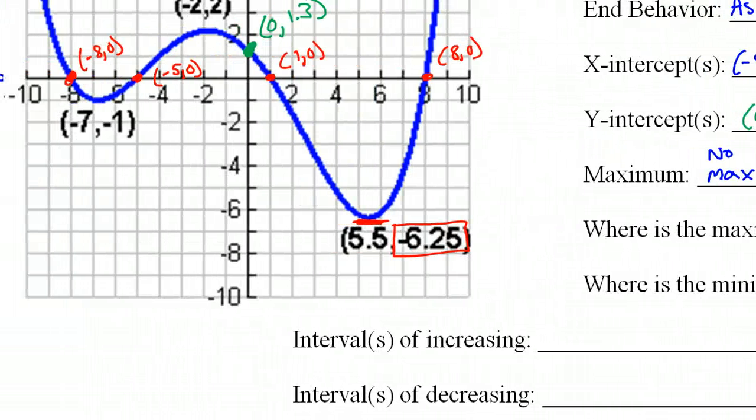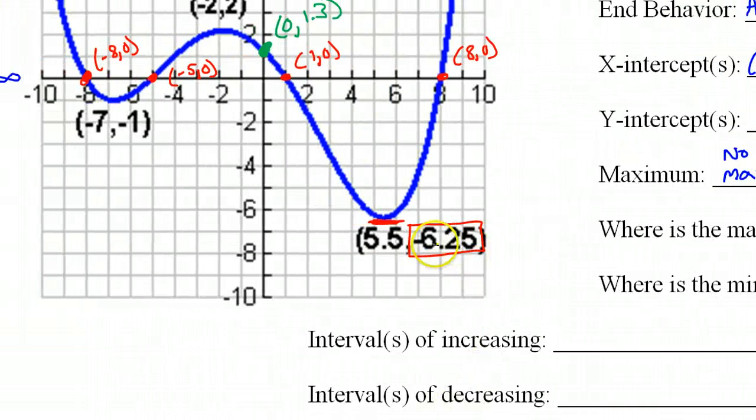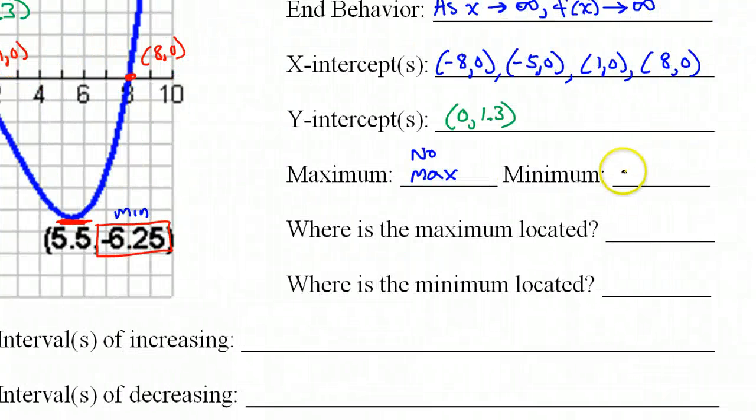But there is a minimum value. Remember, we're looking for a y value. Remember here when we were doing the range? Well, this is the minimum value. Right there, it's that y value, -6.25. Now, when we talk about where the maximum is located, well, there was no max, so you can't tell me where it's located. But when we talk about where, now we're talking about x values.